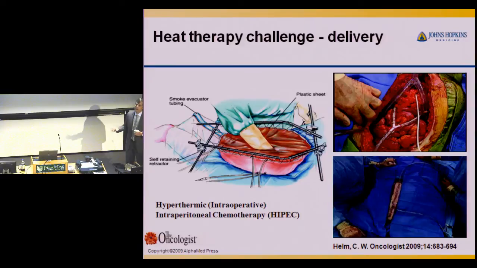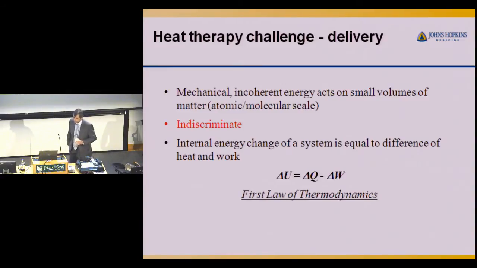It's a lavage with chemotherapeutic agent that is introduced in the peritoneal cavity at higher temperature, essentially for metastatic cancer of the peritoneum. It's crude, certainly a very invasive procedure, and personally I think we can do better.